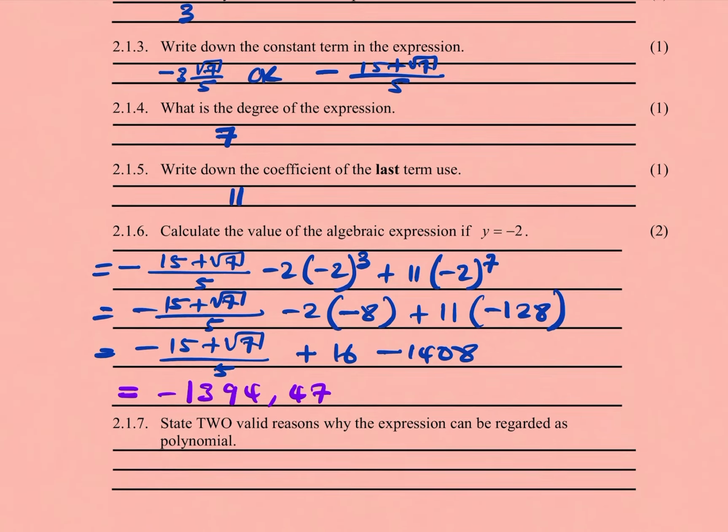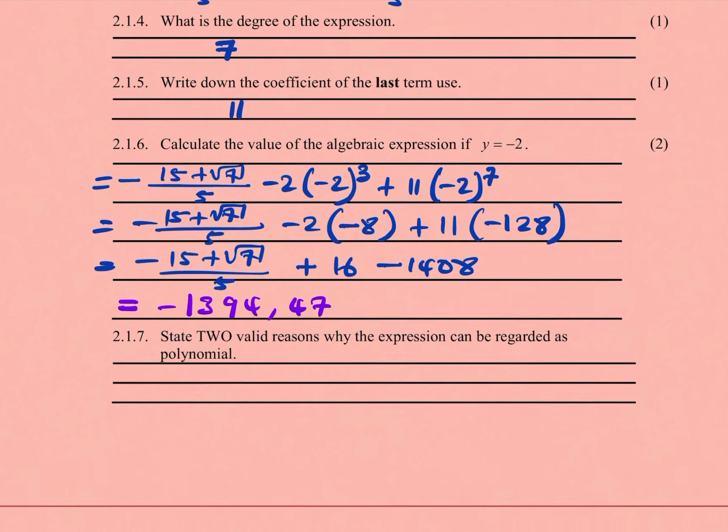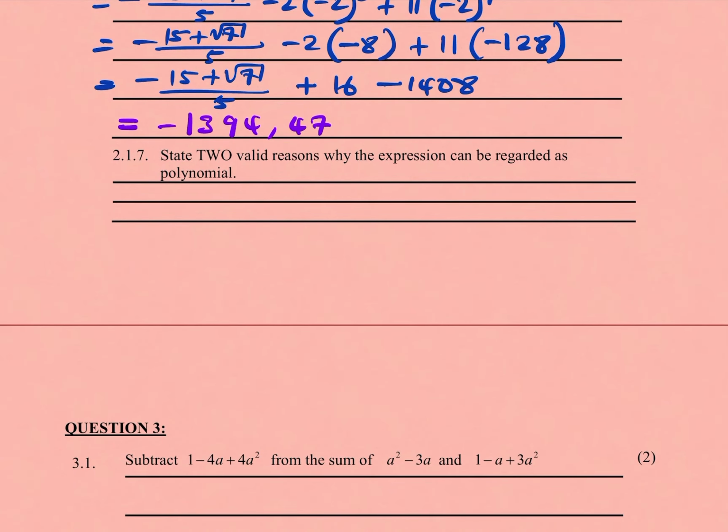Now they say, state 2 valid reasons why the expression can be regarded as a polynomial. So what are polynomials? The variable's exponent has to be a natural number. So I'm going to say the variable's exponent is a natural number.